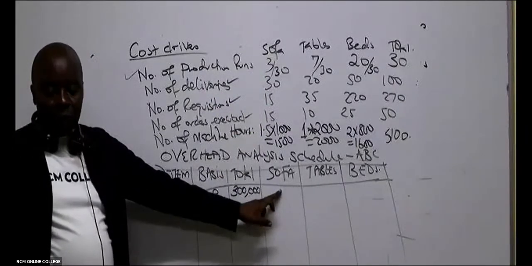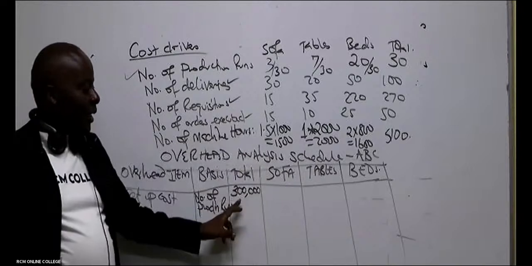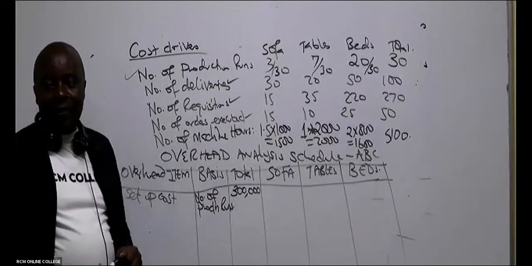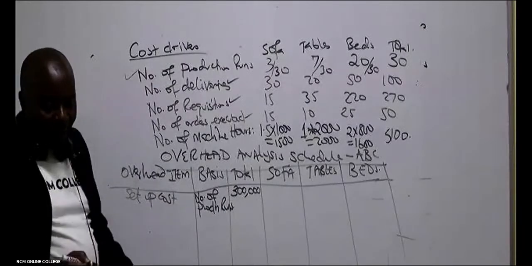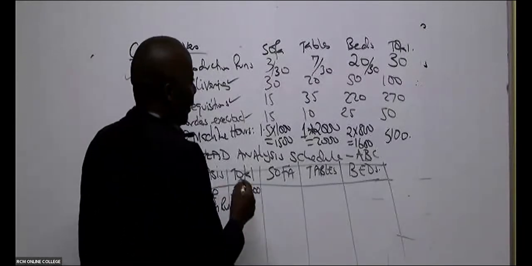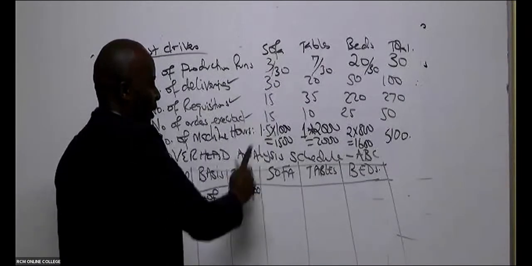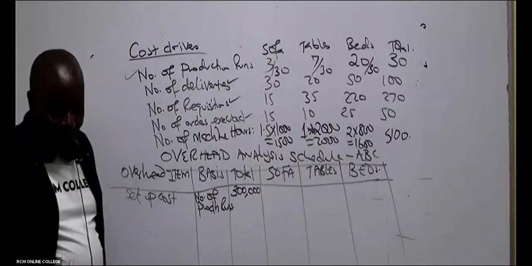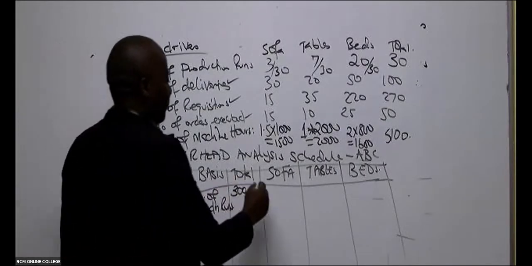How much do we have for the sofa? 3 over 30 times 300,000. Because we are apportioning this figure, isn't it? It's 30,000.